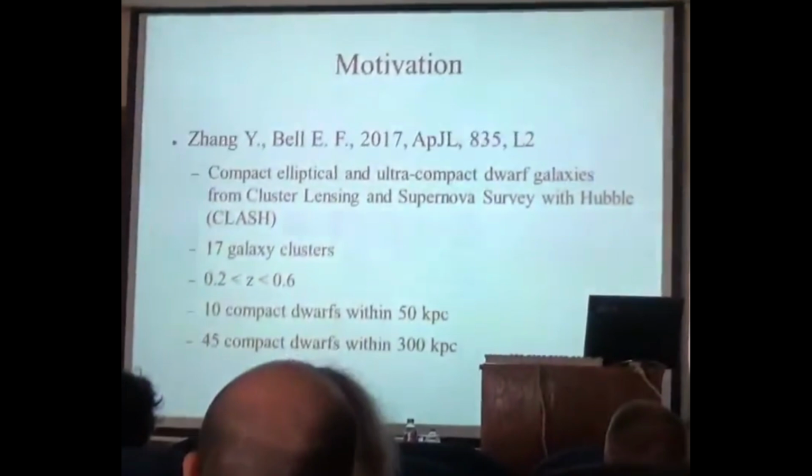They checked their kinematics in reference to the parent cluster, and due to the optical signature, they found a significant number of compact ellipticals in 17 galaxy clusters at these redshifts. So they estimated the number of compact dwarfs in shells going out from the center of the most massive object in the cluster.